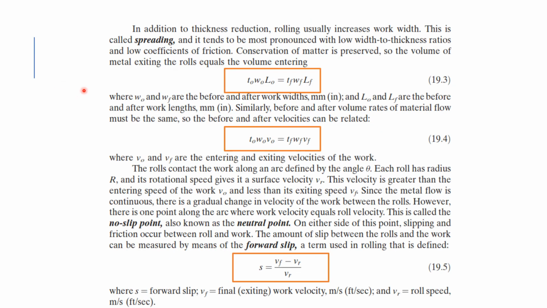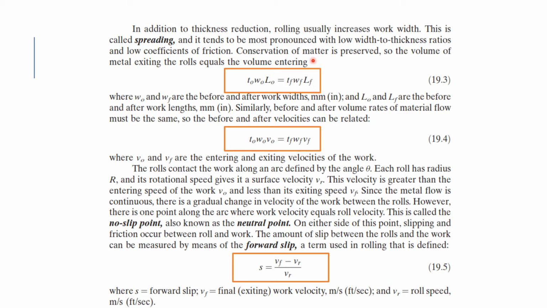Using the same concept and assumption, because it is assumed that at this no slip point the velocity is the same, the equation is given where T naught, W naught, L naught equals T final, W final, and L final.